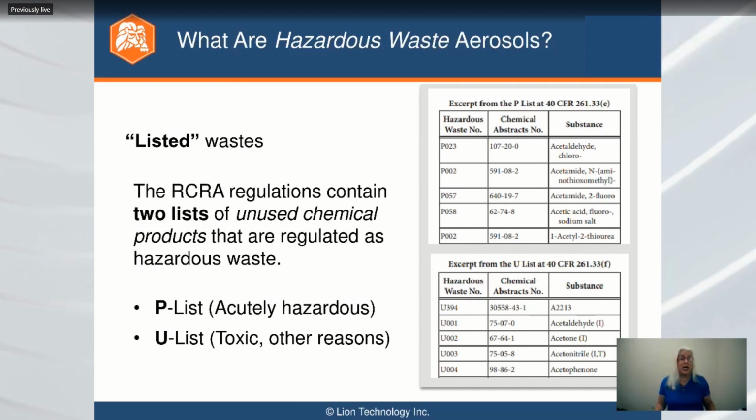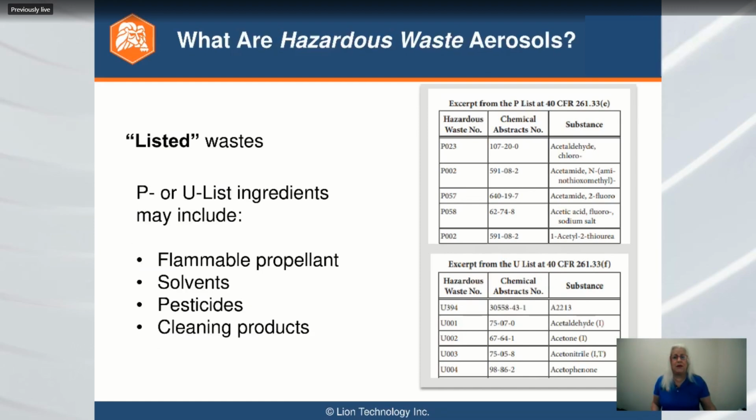That's listed for being ignitable and toxic. There's an I and a T there, right? So again, P listed are acutely hazardous, keep that in your mind, and U listings are for being toxic or for other reasons.